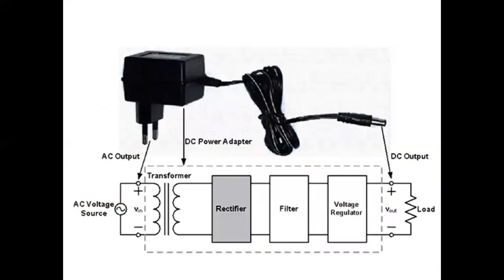Here also, if you observe a charging device, this is nothing but the AC voltage source, and the AC output has been obtained here. After that, a transformer and a rectifier unit, and at the same time a filter. This is one of the applications, a charging device. We have different applications for conversion purposes.